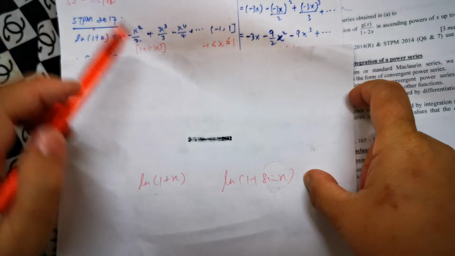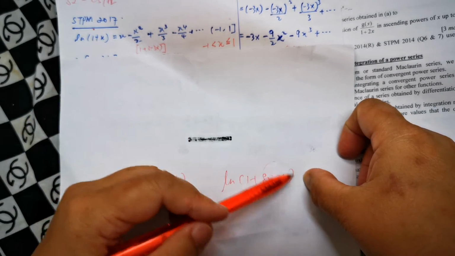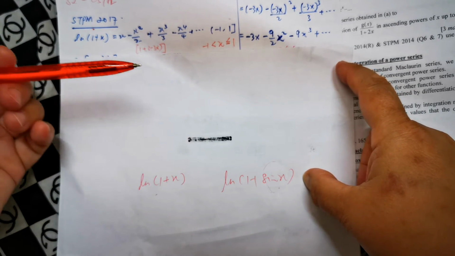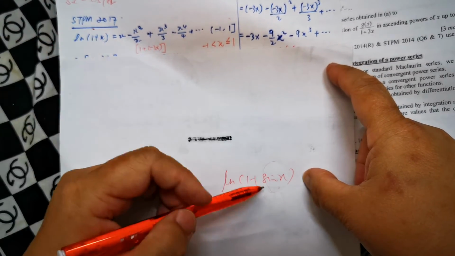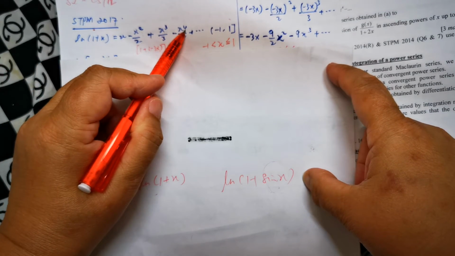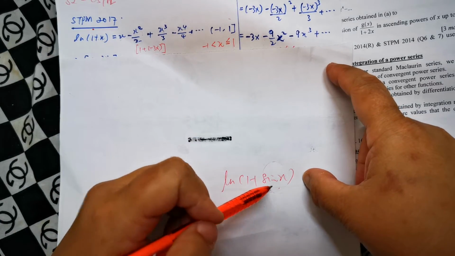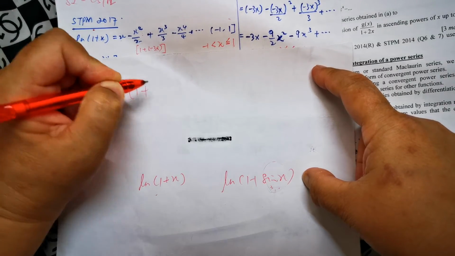And remember, sin x itself is another series, right? It's another standard Maclaurin series. After you sub sin x into this standard Maclaurin series, inside the sin x, you substitute with the standard Maclaurin series of sin x. I hope you understand, okay?